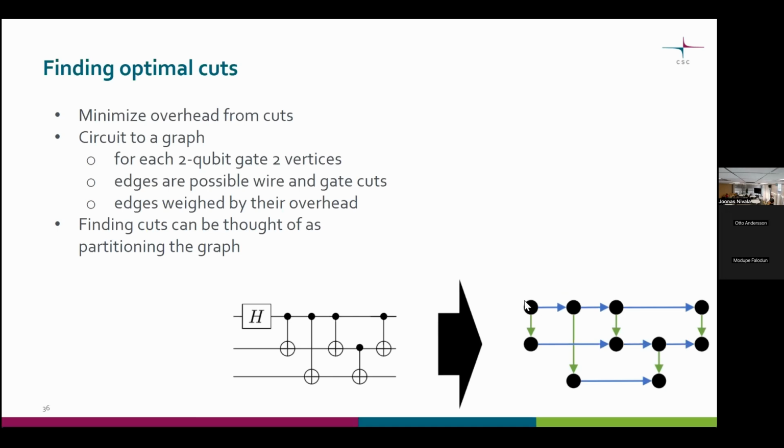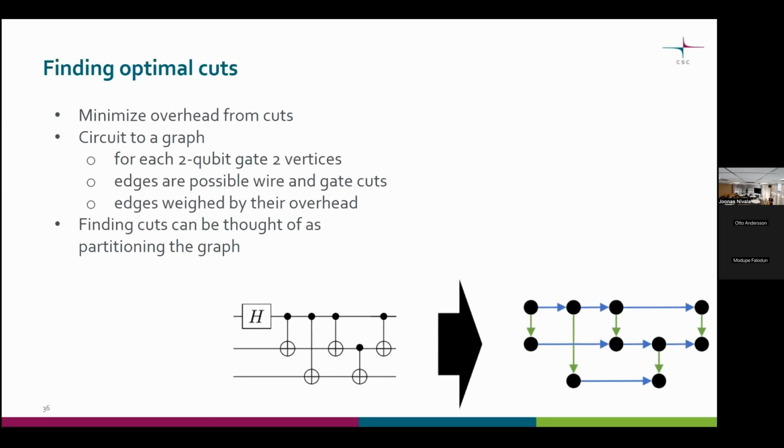And all the vertices are basically qubits that are taking part in a 2-qubit gate. So you can see here, you have a 2-qubit gate, okay? And for both of those qubits, you have vertices here. Then again, you have a 2-qubit gate, and you again have vertices for both of them. So that's how that works. And in addition, the edges are weighted by the overhead that this cut would impose.